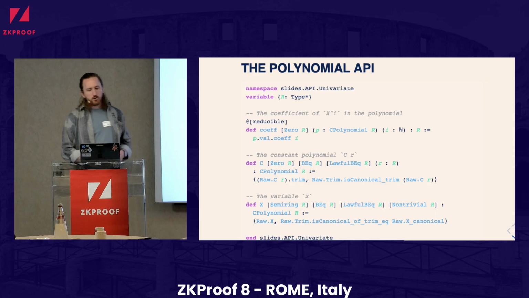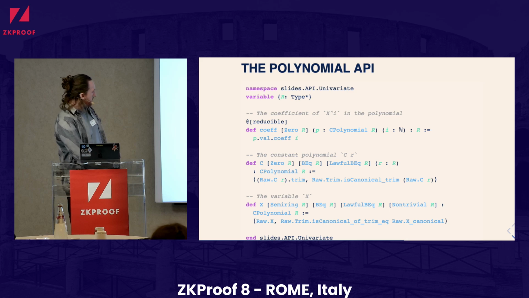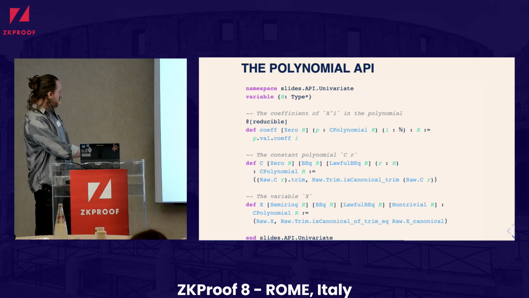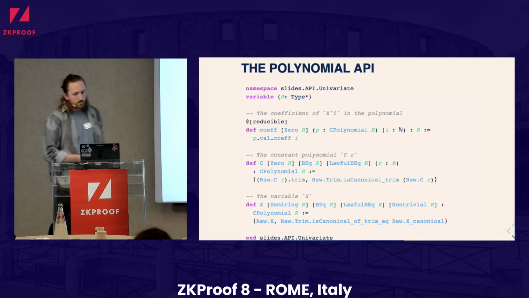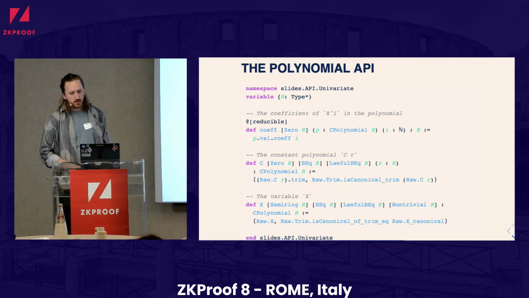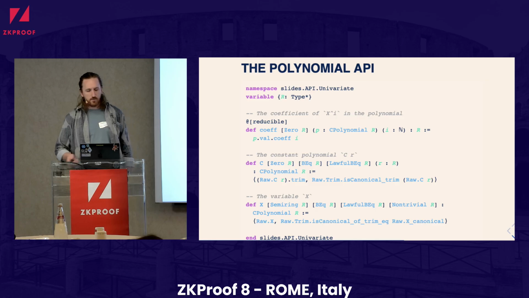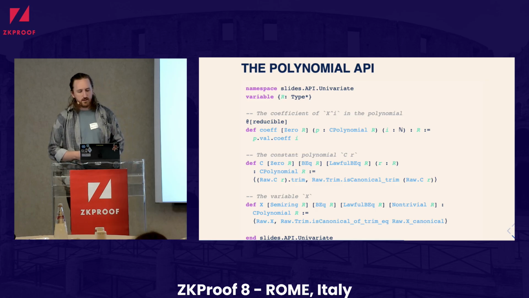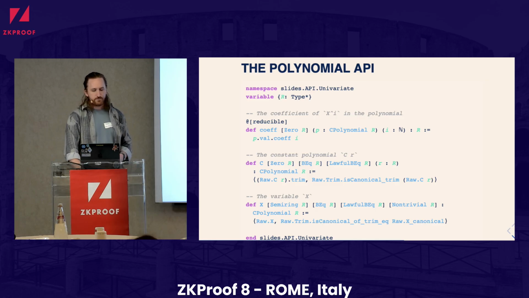The basic polynomial API includes getting the constant polynomial, the variable X, just having a single variable, and the coefficient function, which gives you the coefficient at X to the i in the univariate case.